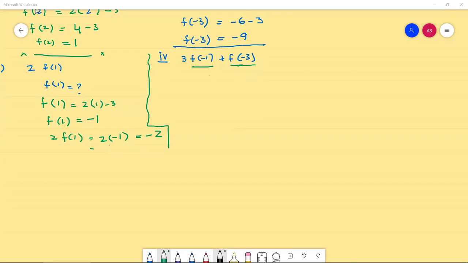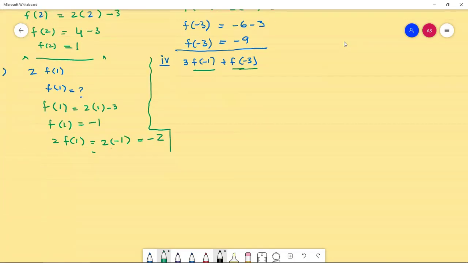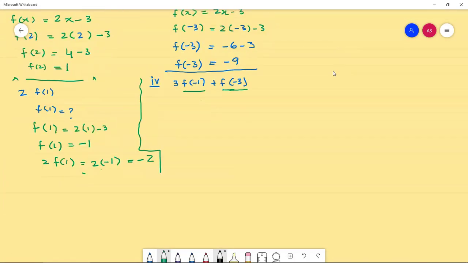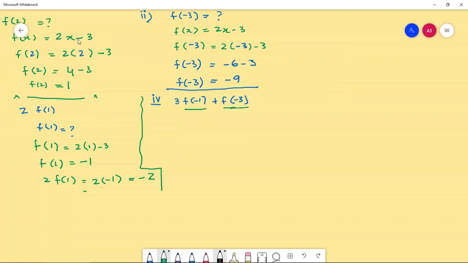F of negative 3 we have already found in the above part, so no need to find it again. You just have to find 3 into f of negative 1. First we will find f of negative 1. So f of negative 1 is equal to 2x, we put negative 1 instead of x, minus 3.